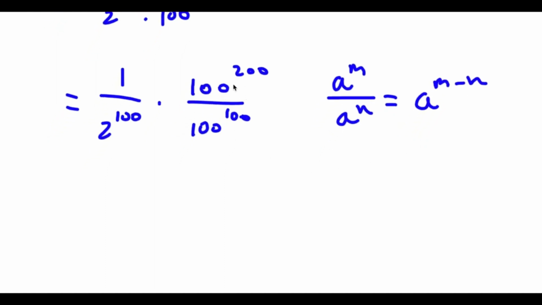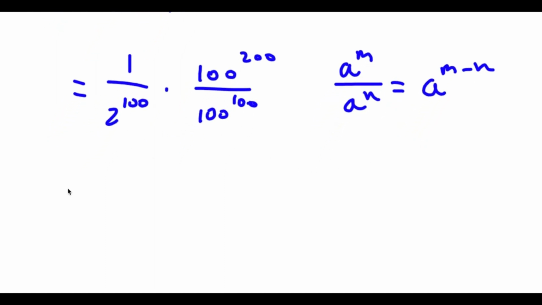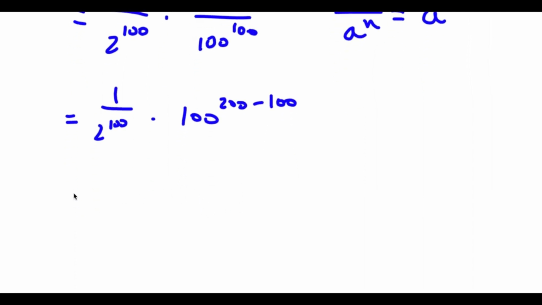So in this case, I have 100 to the power of 200 over 100 to the power of 100. And this is going to equal 100 to the power of 200 minus 100. 200 minus 100 is equal to 100, so I have 1 over 2 to the power of 100 times 100 to the power of 100.